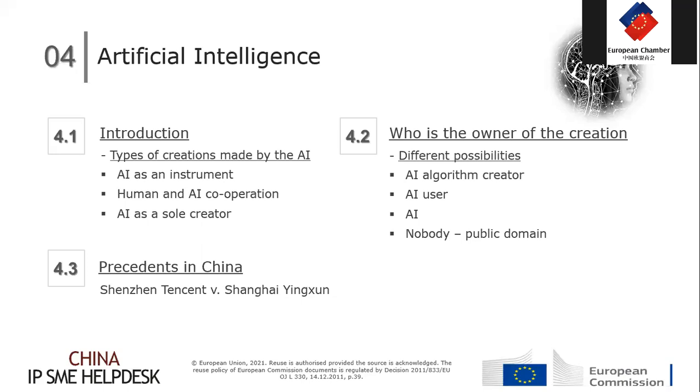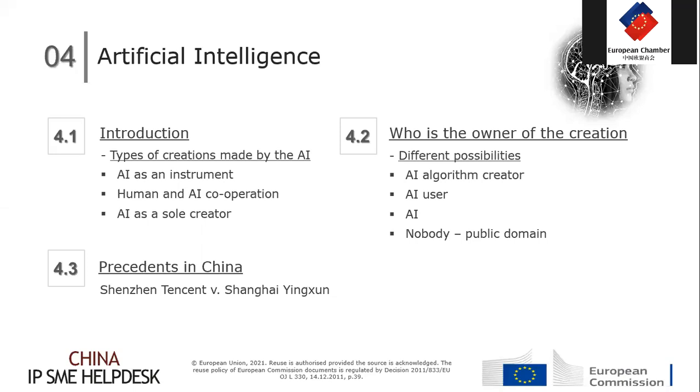So here there is a co-creation between the artificial intelligence software and human authors. The final conclusion of the court was that this copyright belongs to the authors. In this case, it was not the people themselves, but the company.